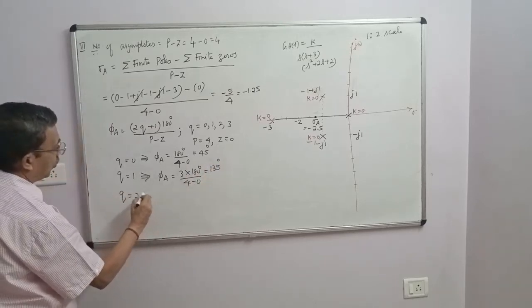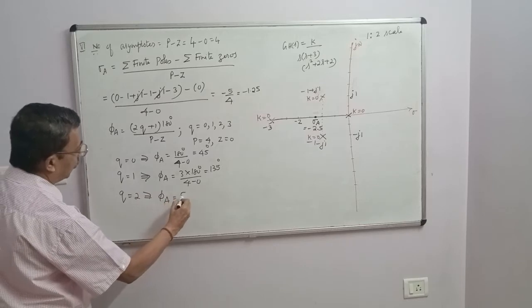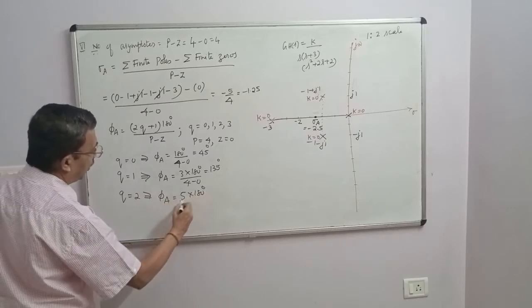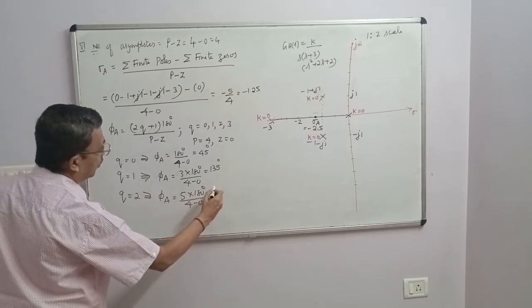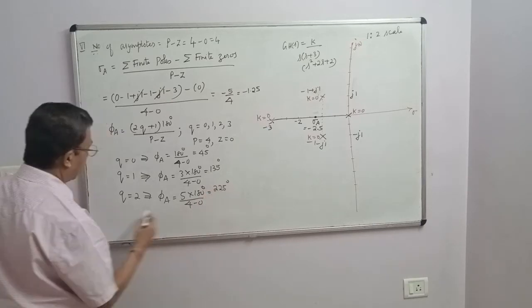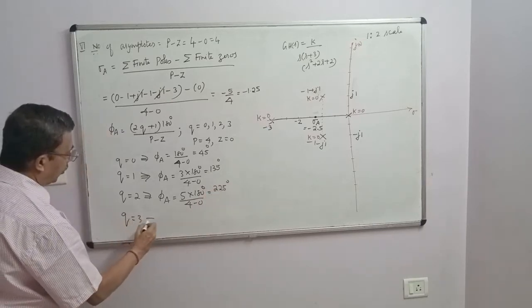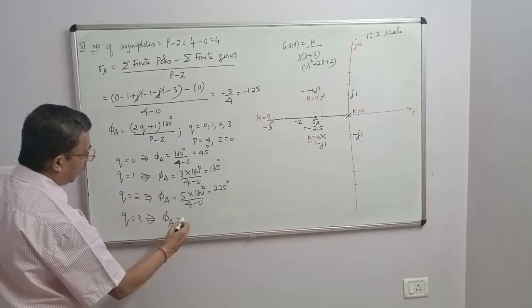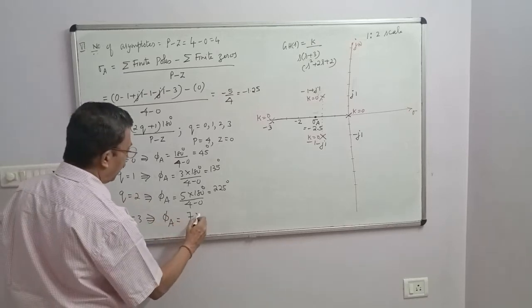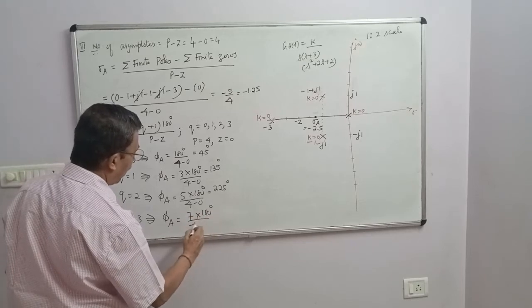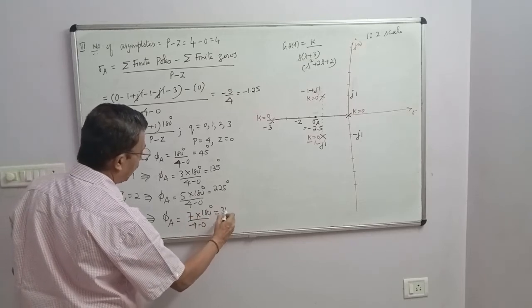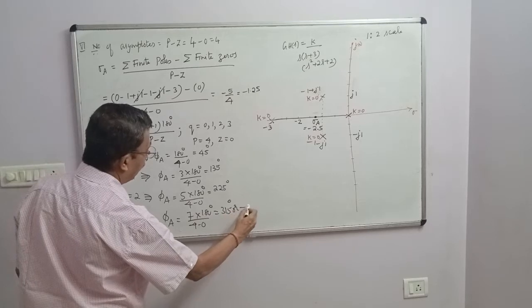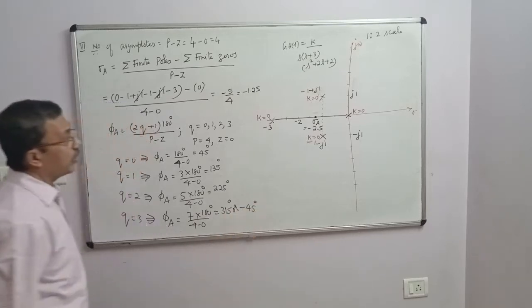Q equal to 2 gives 5 times 180 degrees divided by 4, which is 225 degrees. Q equal to 3 gives 7 times 180 degrees divided by 4, which is 315 degrees, or minus 45 degrees.